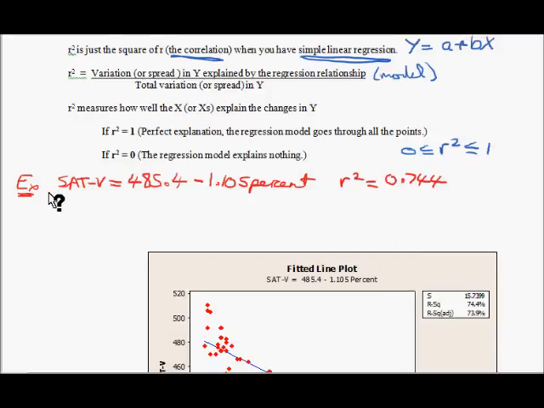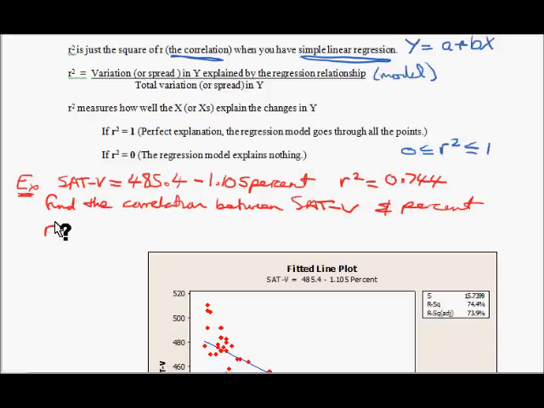So we're going to find the correlation between our two variables, between SAT verbal and percent. Okay, so I have to be a little careful here.